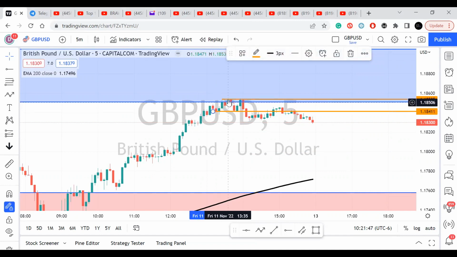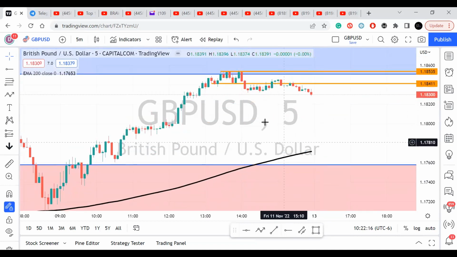So this is our current structure. Then price pulled back and made an attempt to continue to the upside, but remember this zone, we're paying attention to this zone. On this zone, we now have a break of our structure. Then price now pulls back. You see, we're already in a continuation, we're already in a confirmed sell to the downside.